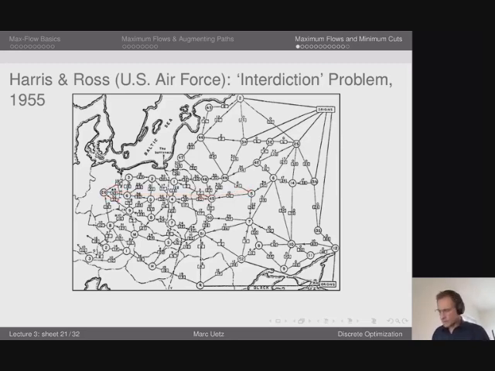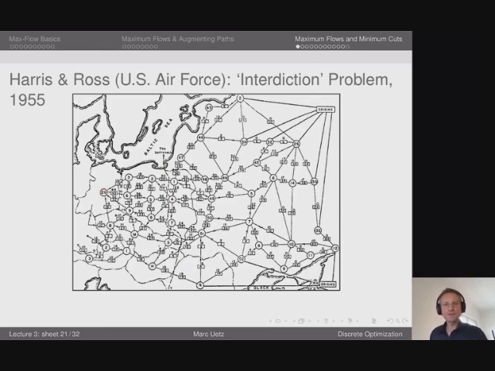And if you look very closely, you see here a label which says the bottleneck. And that bottleneck, let me highlight that, is this one. That would be the cheapest way in order to prohibit transportation of any tanks towards East Germany. So the cheapest way to disconnect this whole network here so that no tanks could arrive in Eastern Germany.